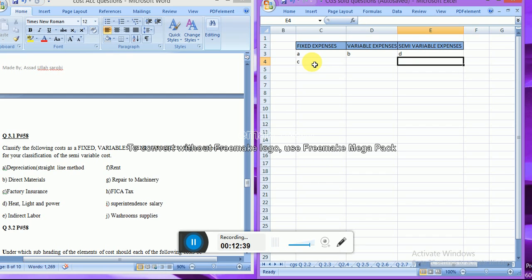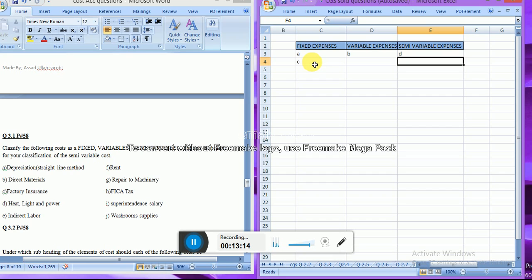Part E, indirect labor. The wages of indirect labor are also semi-variable. Why? Indirect laborers work per hour, and the per hour rate is fixed.